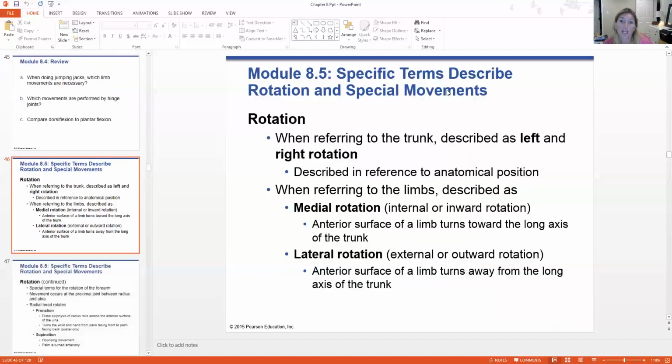Let's talk about rotation. Rotation can be described as right or left. Usually, we're referring to medial or lateral if we're talking about a limb. So you can medially rotate at your shoulder or laterally rotate at your shoulder. This is just rotating inward or outward. And right and left rotation would be like when you're referring to your head or your trunk.